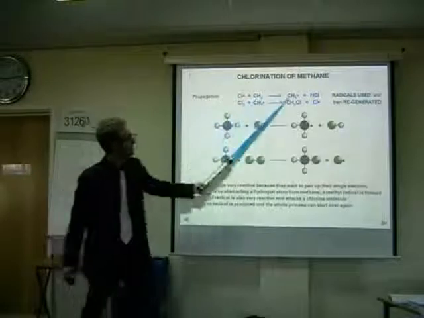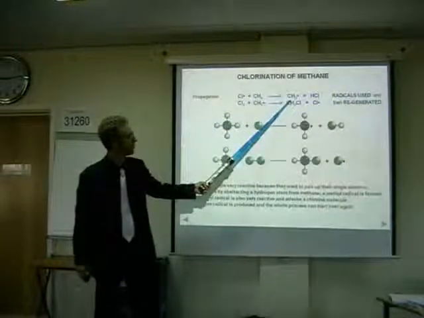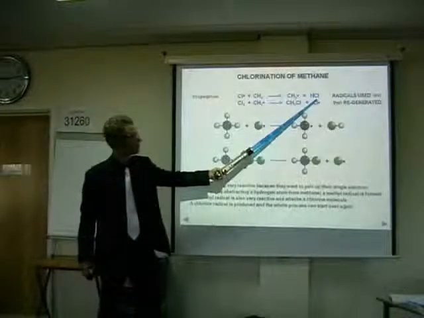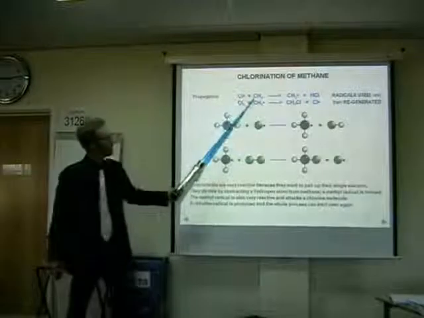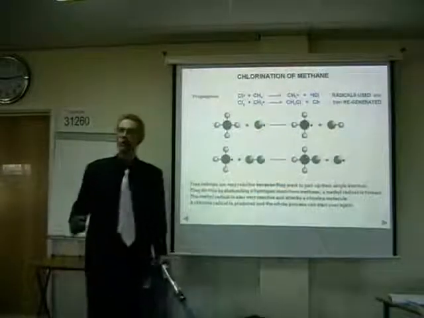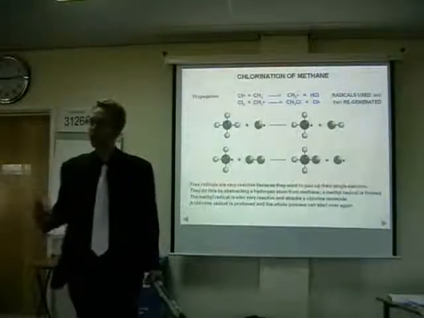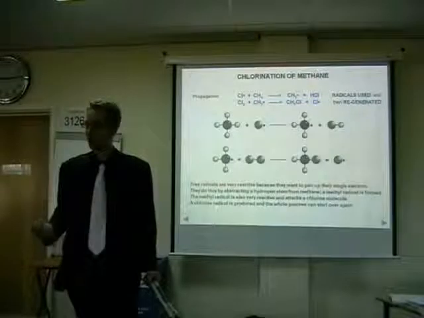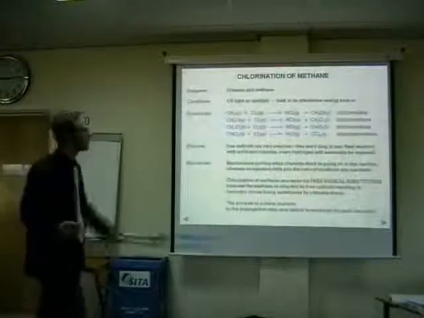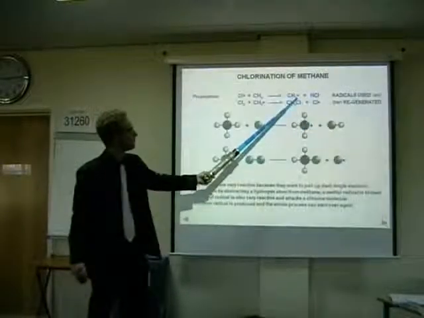Chlorine plus methane forms a radical and a molecule. The radical effectively rips a hydrogen off the methane. Are we all good? But I said that we form things like chloromethane, which is that. And we haven't. We've just formed that.